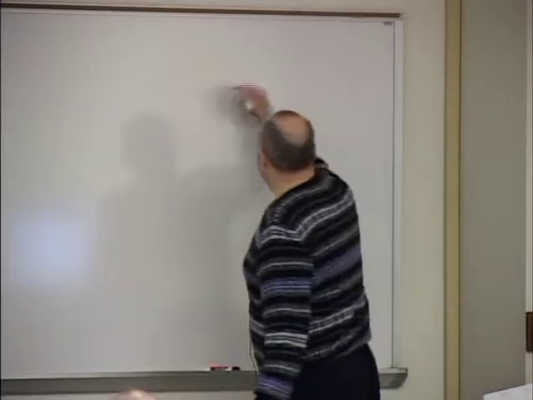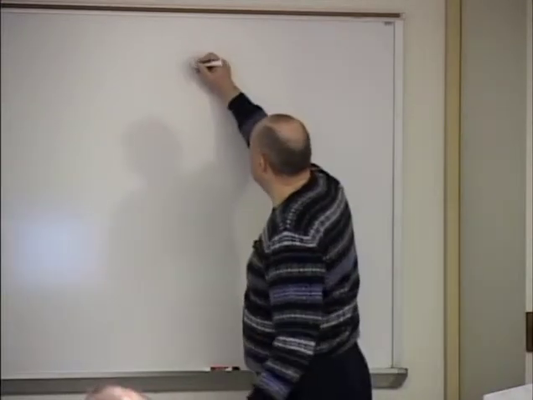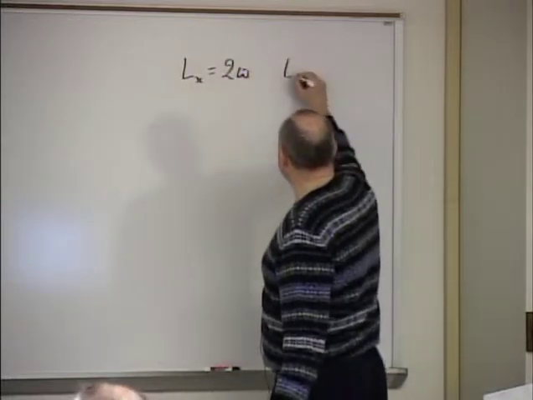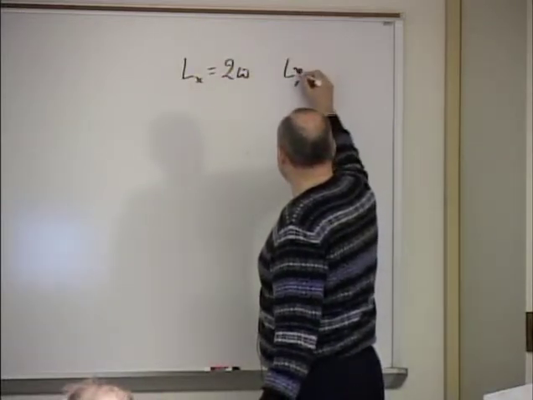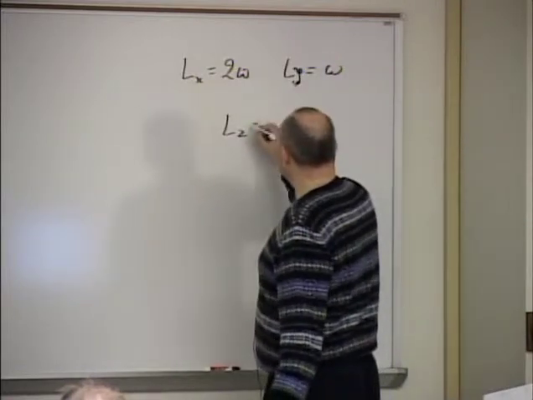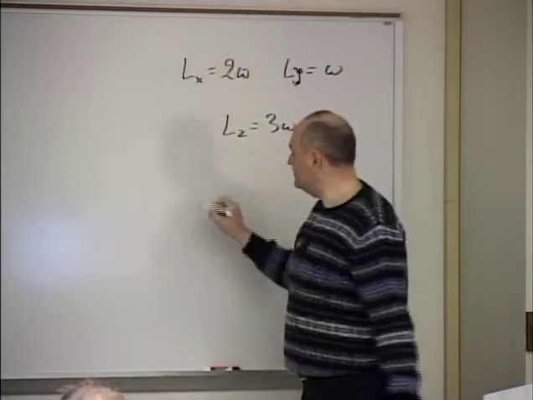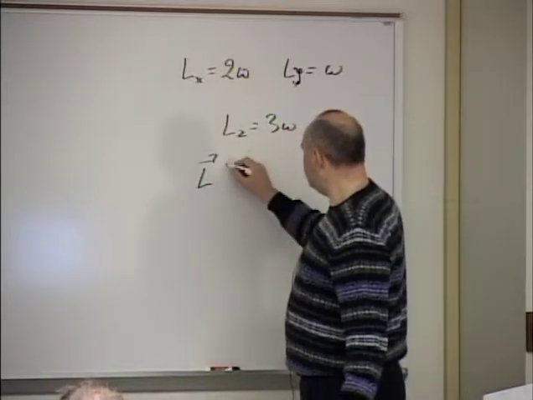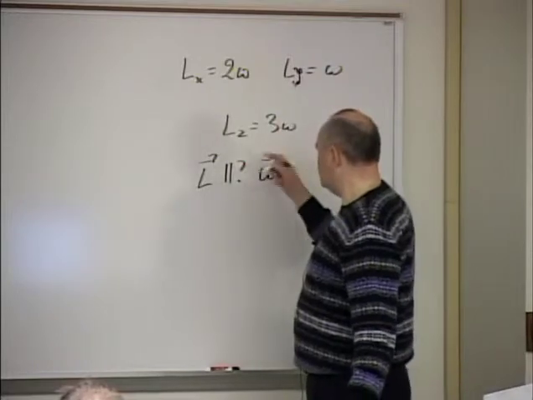Let's say that Lx is equal to 2 omega, Ly is equal to omega, and Lz is equal to 3 omega. Is vector L parallel to vector omega?